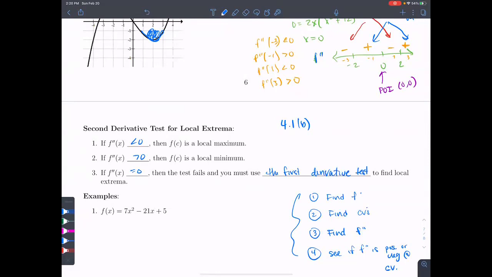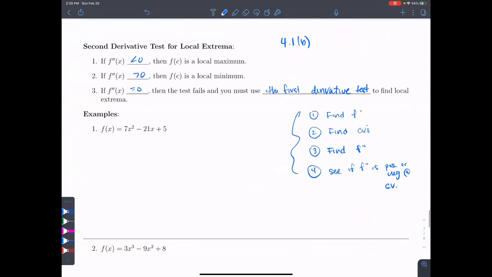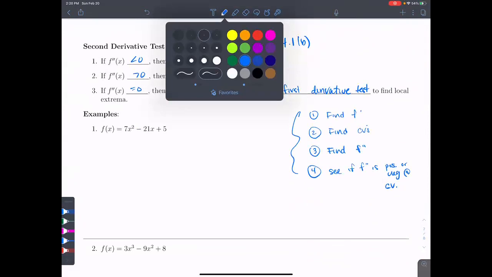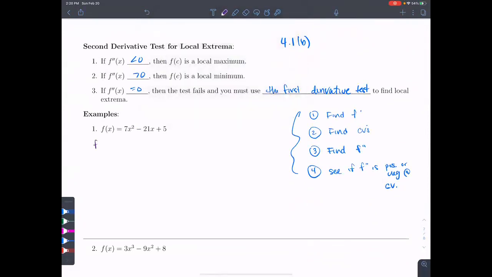Okay, so let's do this and see how it goes. So we have f of x is 7x squared minus 21x plus 5. I'm going to use a different color. I'm tired of this color. F prime of x would be 14x minus 21, which is continuous everywhere. So we don't need to worry about discontinuities, but we do need to figure out where it is equal to 0.